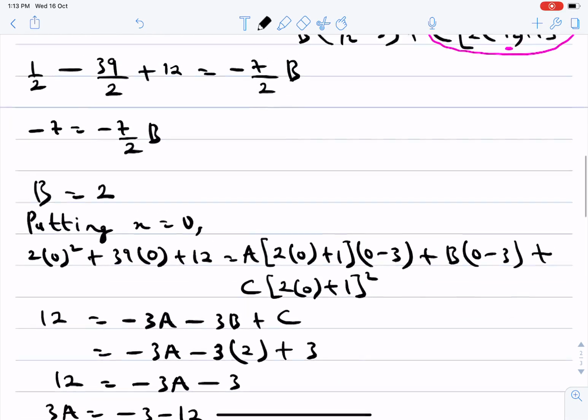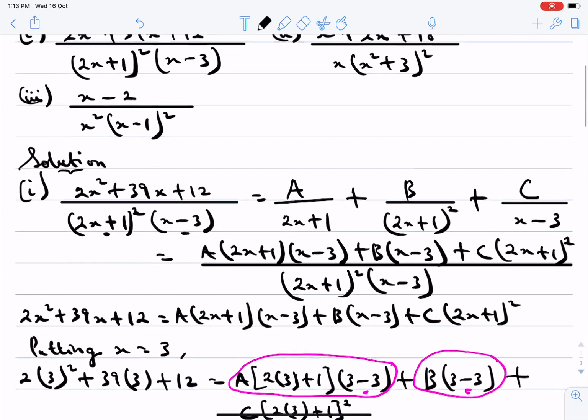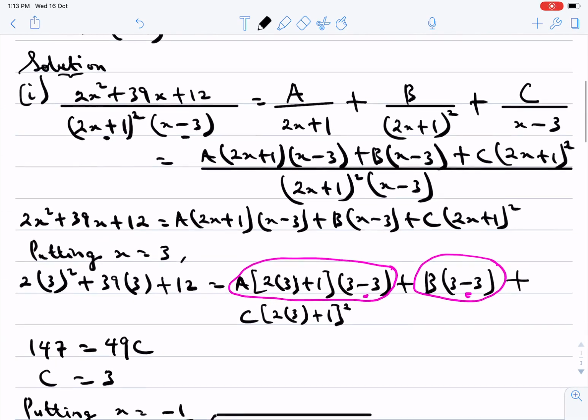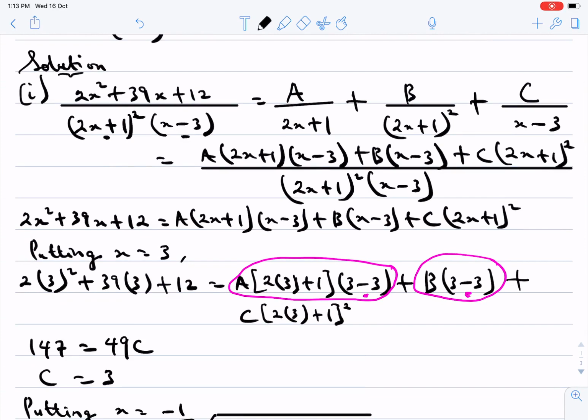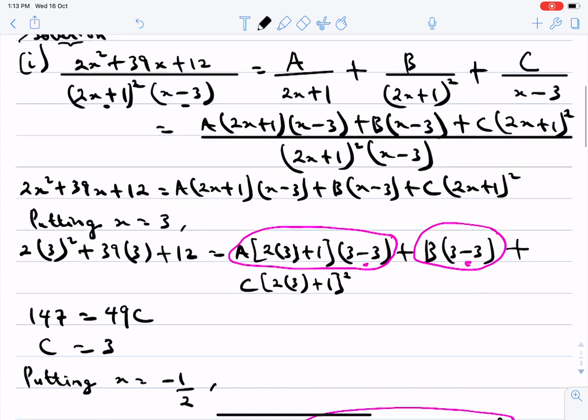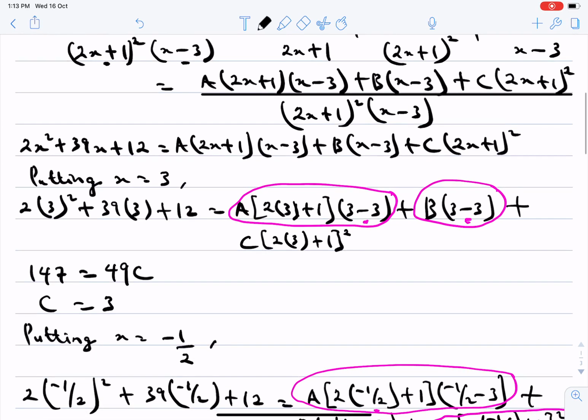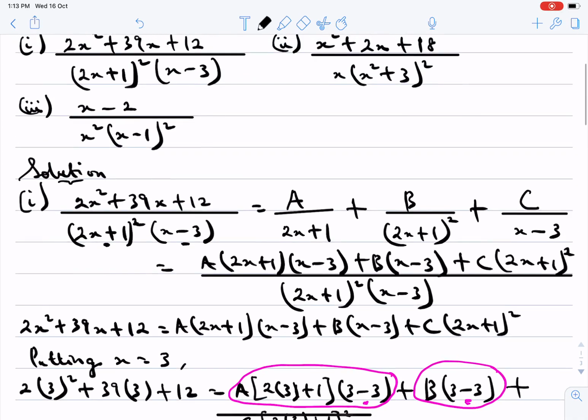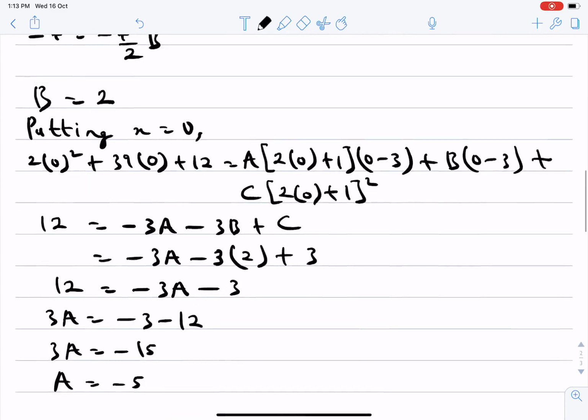And now that we have the values of all of the constants, we can write the partial fractions into which the compound fraction 2x squared plus 39x plus 12 over 2x plus 1 squared times x minus 3 has been resolved.